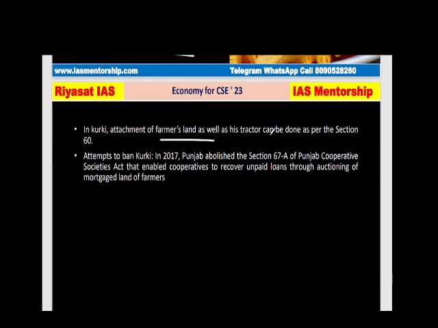Basically, in Kurki, the attachment of farmer's land as well as his tractor can be done as per section 60. Now, there were many attempts to ban this process of Kurki. How? In 2017, Punjab abolished section 67A of the Punjab Cooperative Societies Act that enabled cooperatives to recover unpaid loans through auctioning of mortgage land of farmers.